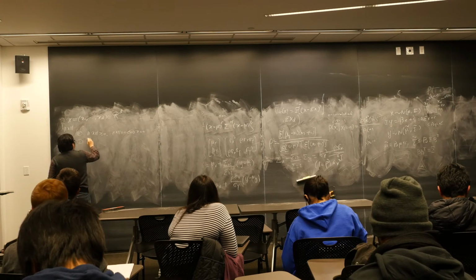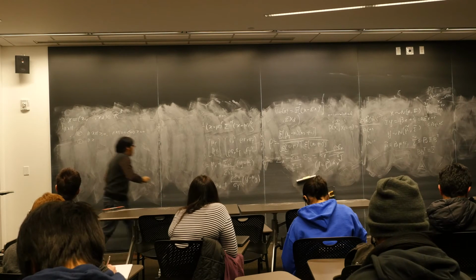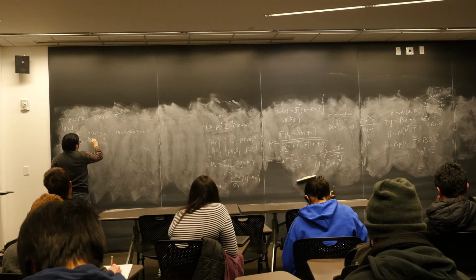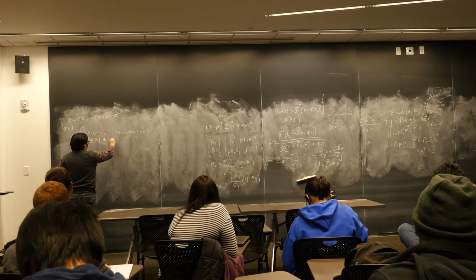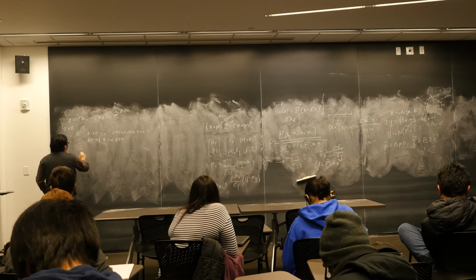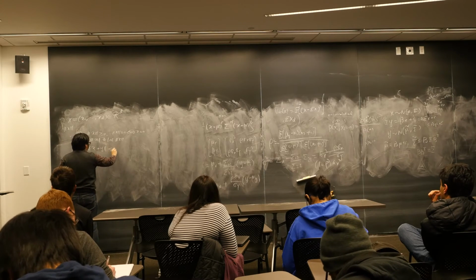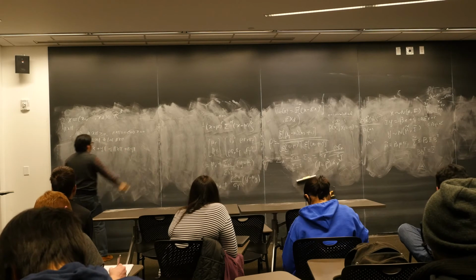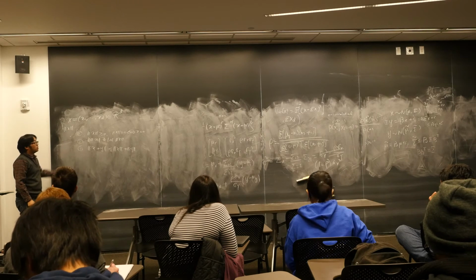Second, for a scalar a, a real number, the norm of a times x is the absolute value of a times the norm of x. And third, the triangle inequality: the norm of x plus y is smaller than or equal to the norm of x plus the norm of y. Any function satisfying these three conditions is a norm function.